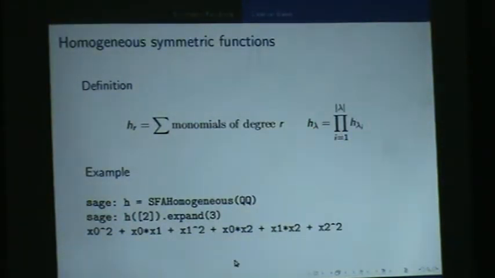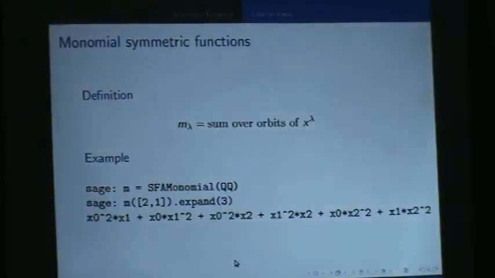But there are also 2 classical bases where the multiplication is not so easy, or it's not defined multiplicatively. So what we're going to do is define m sub lambda to be the sum over all orbits of x to the lambda, the orbits of this monomial under the action of the symmetric group.